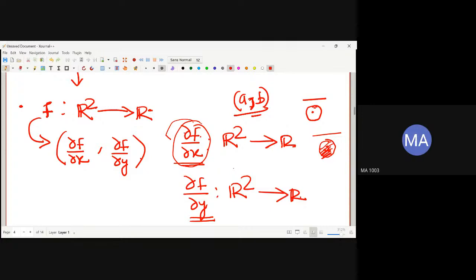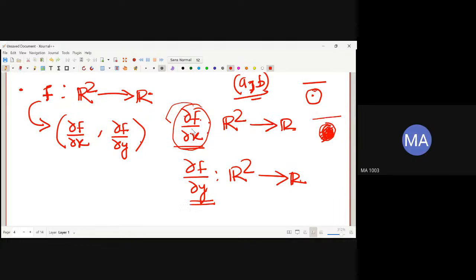Probably you have some example where sir actually discussed it, probably in the video lecture in the next week. So you can't apply it arbitrarily. You have to make sure that this gradient is continuous.